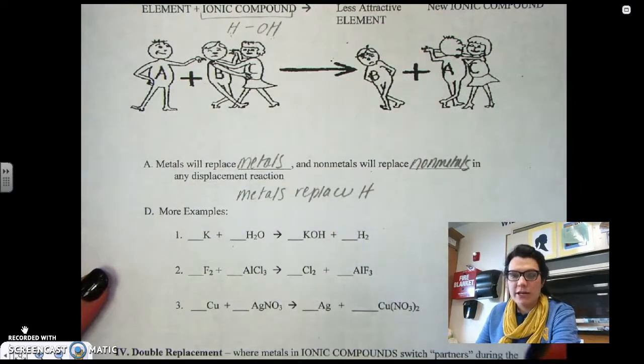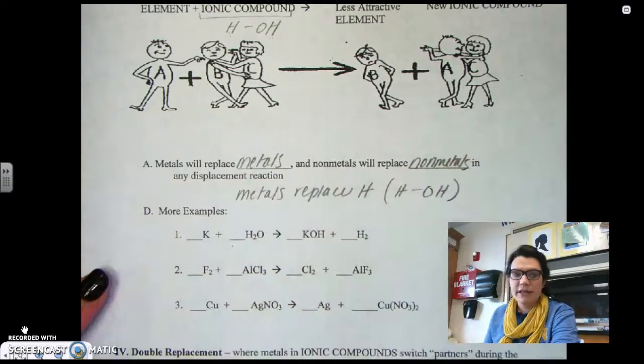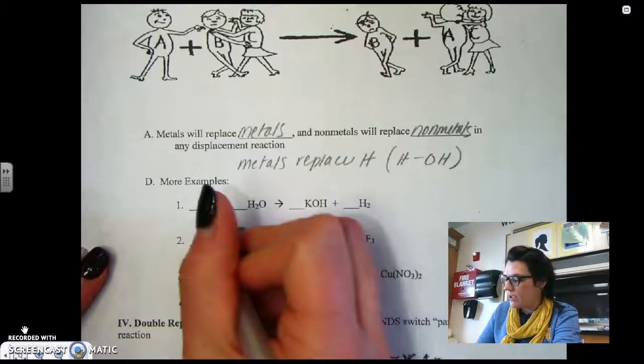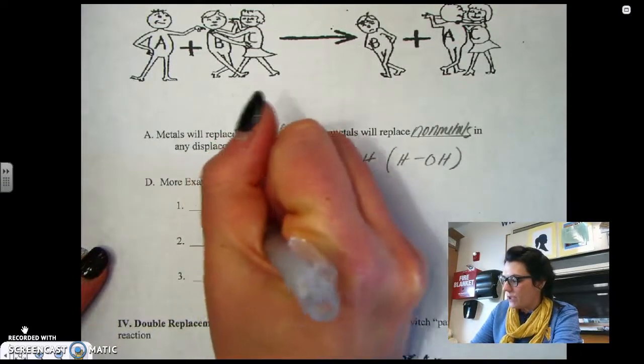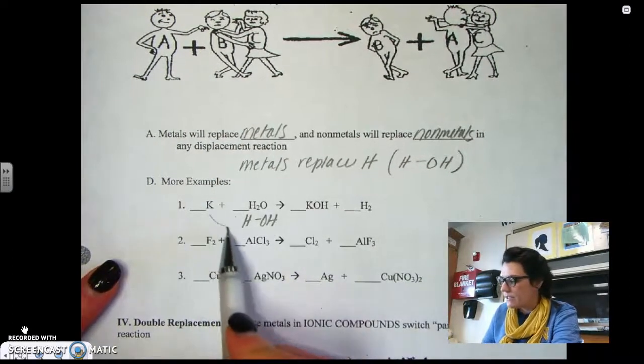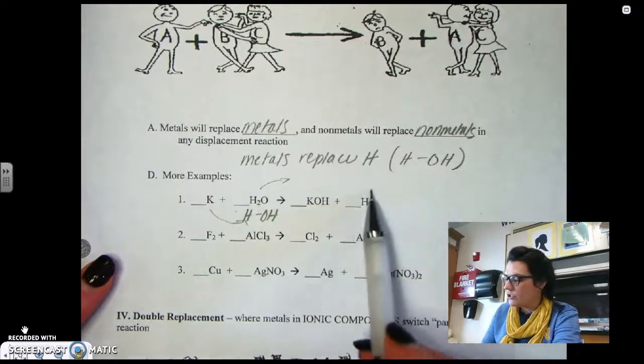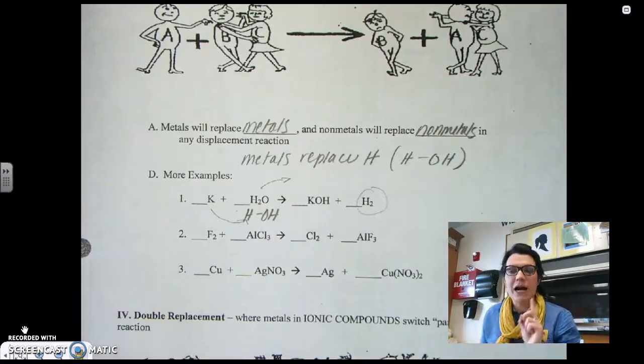That's where I was talking about water. For example, if we have potassium and water, and we think of water like this, what ends up happening is potassium comes in, kicks hydrogen out, and then hydrogen is by itself, but you have to remember that hydrogen is our H in HOFBrINCl, which means it's going to be written as a diatomic.